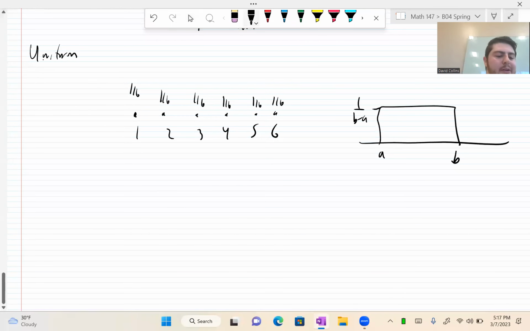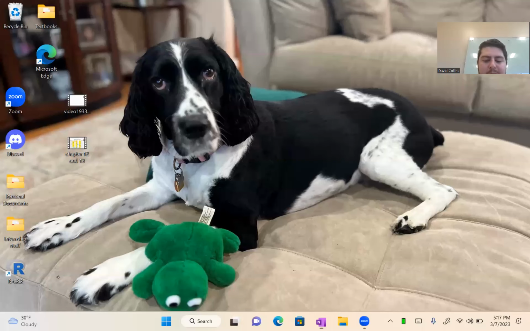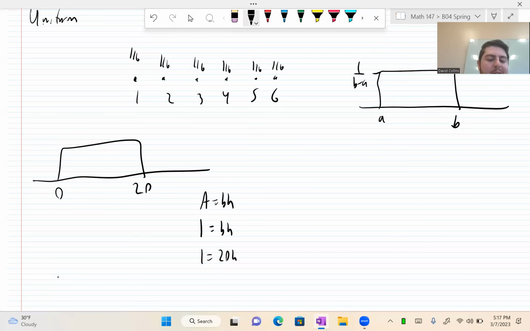Let's use some numbers. If you have a uniform between 0 and 20, the area, the probability of the sample space, has to be 1. Area is base times height, so 1 is 20 times h. So the height is 1 over 20. If I ask you what's the probability that x is less than or equal to 5, you put a 5 down and you calculate the area.